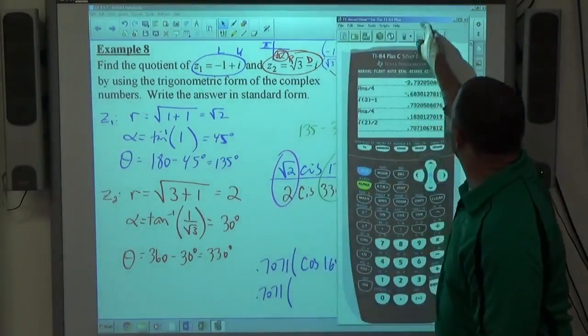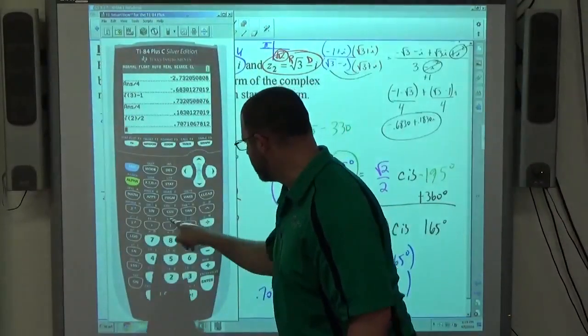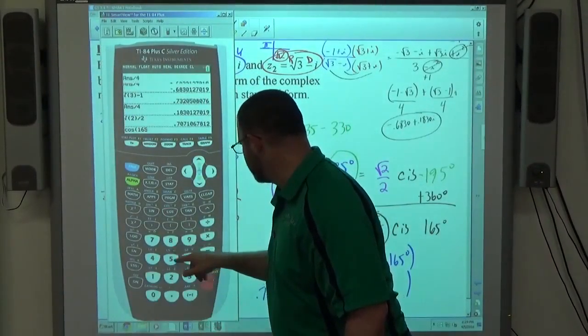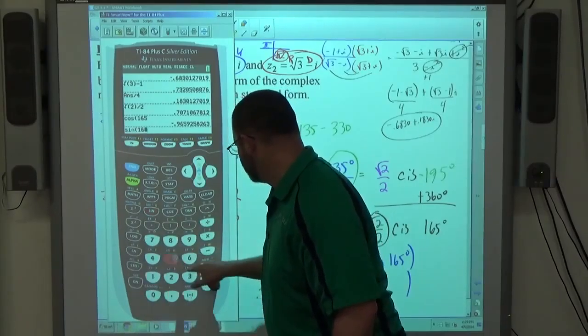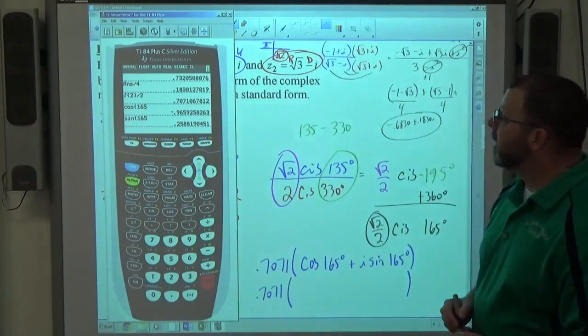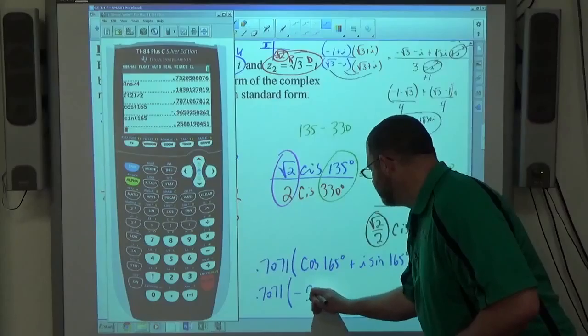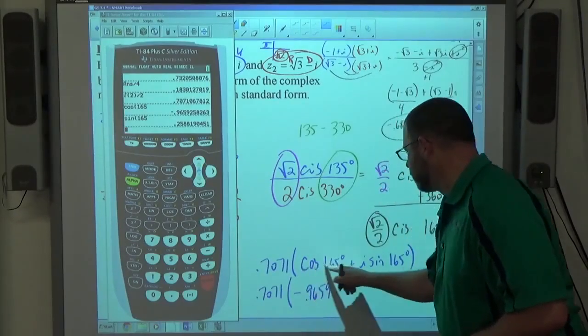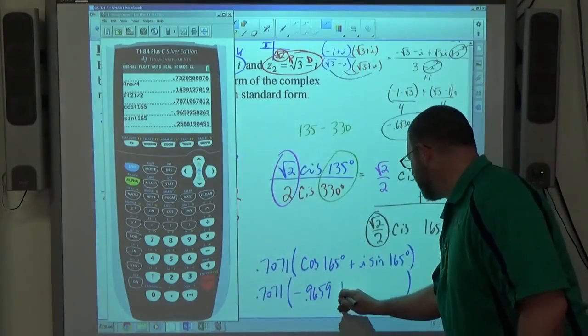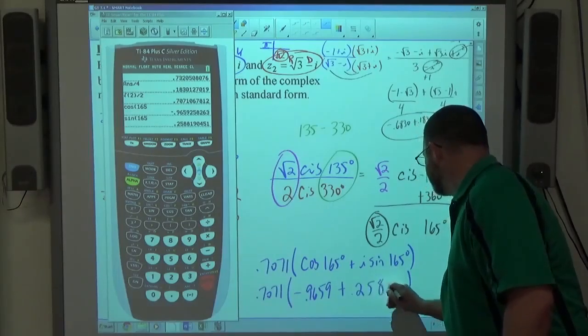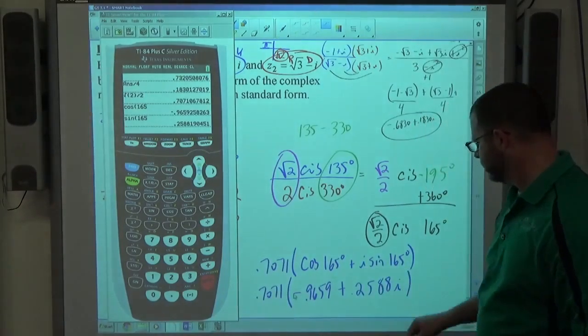No reason anybody should know the cosine and sine of 165 off the top of their head. So cosine 165, sine 165. Cosine is negative 0.9659. That's the real part. And then 0.2588 is sine of 165, and that's got an i attached to it.